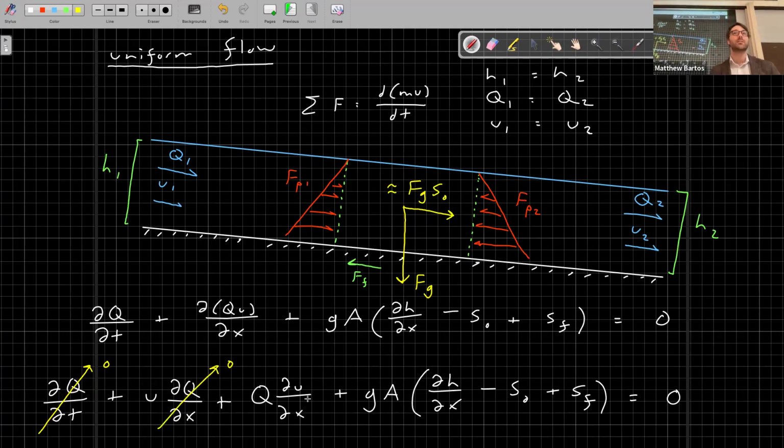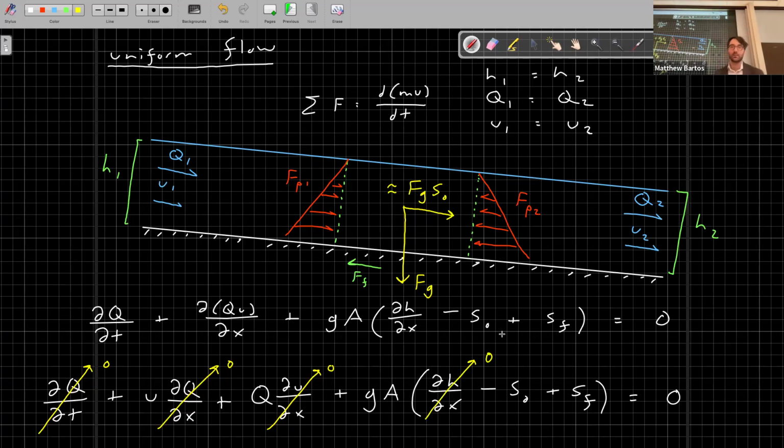Is U changing throughout the channel? No. So this also is removed. And this term that represents the hydrostatic force, we know that h is also not changing throughout the length of the channel. That's equivalent to saying that the hydrostatic force on the upstream side is equal to the hydrostatic force on the downstream side. So this term also becomes 0.